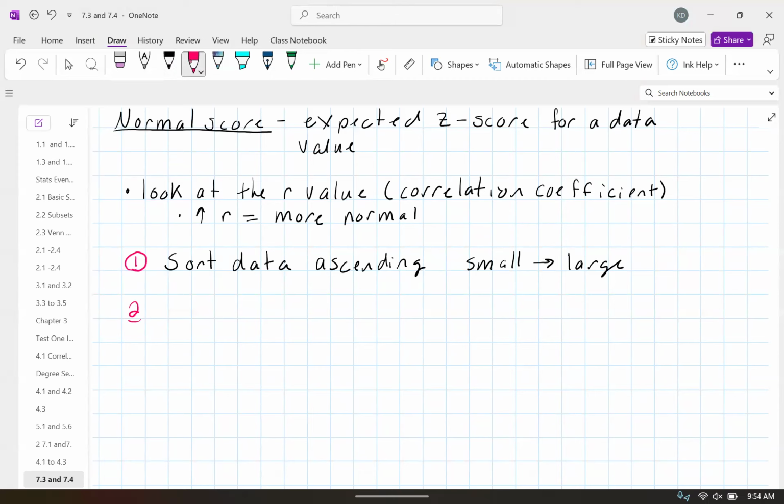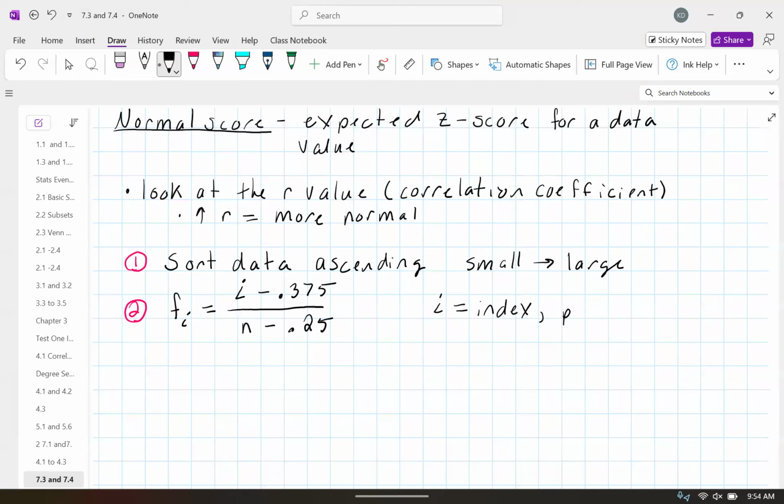So step 2, this is my f of i. We take our i minus 0.375 all over n plus 0.25. i is our index, or the position of our data value.